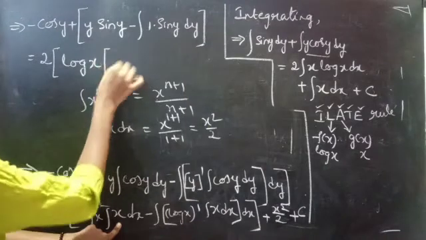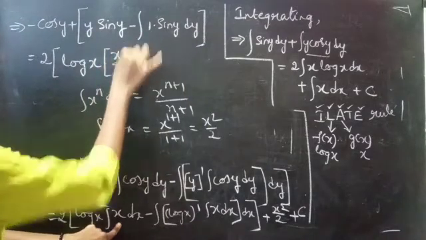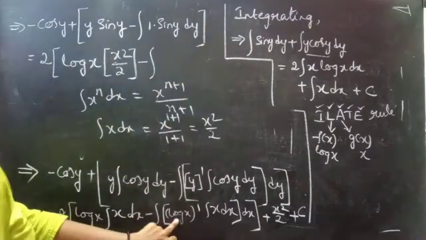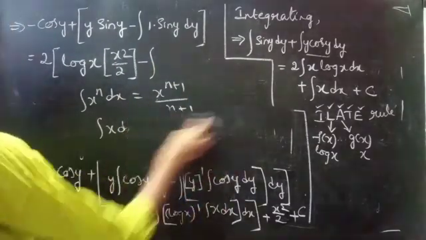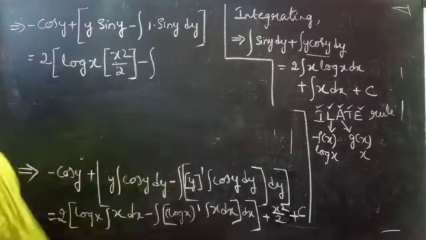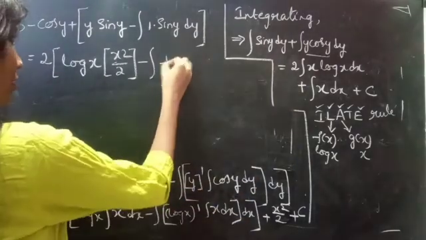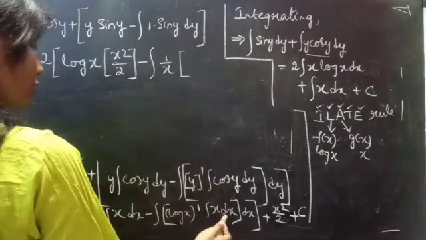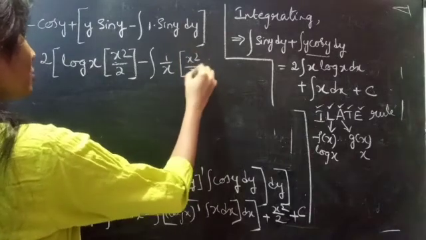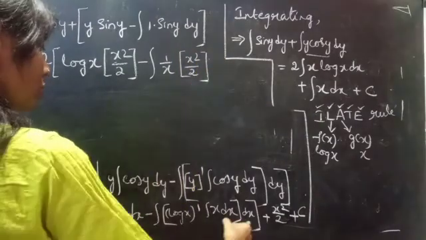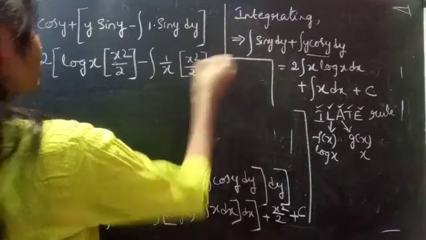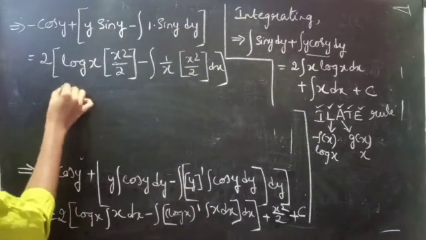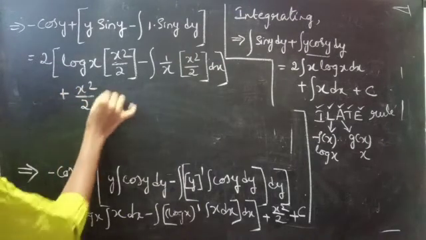So into, you'll get x square by 2 minus integral of derivative of log x, which is 1 by x, into, again, integral x dx, which is x square by 2, into dx, plus x square by 2 plus c.